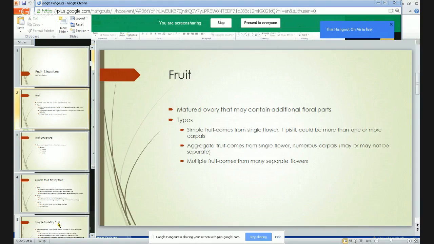With aggregate fruits, this comes from one flower again, but there's more than one carpel. Sometimes they'll be fused, sometimes they won't be. And I've drawn that for you on the pictures.